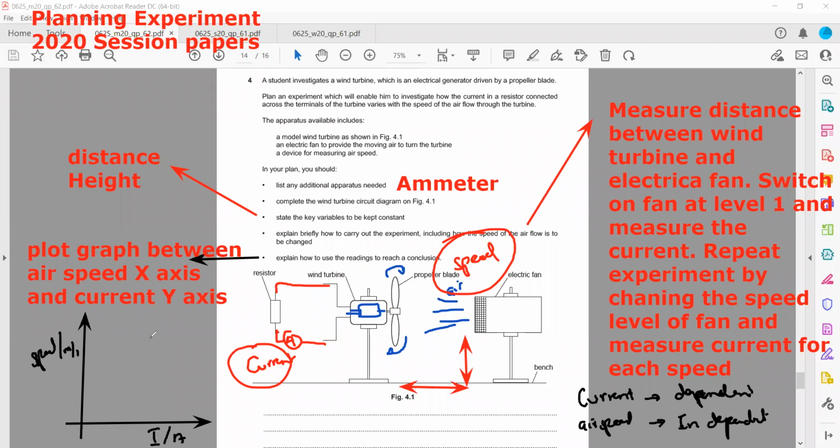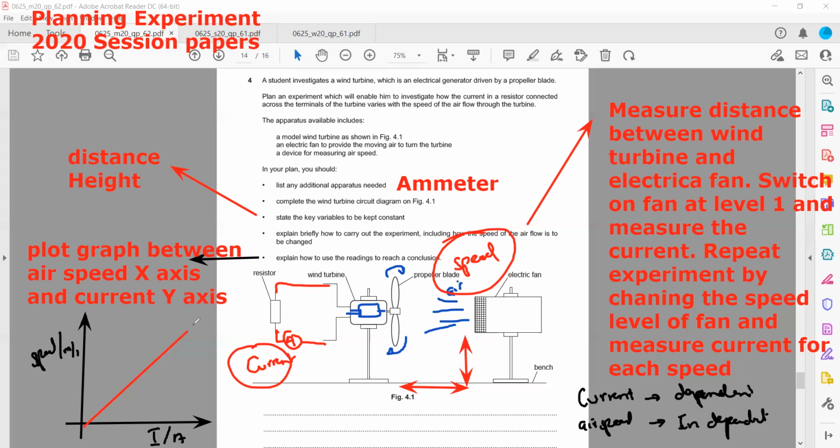But we don't have to sketch any shape here. We don't have to predict what will be the shape of the graph. We just have to plot a graph between air speed on the x-axis and current on the y-axis and see the trend. Maybe if they are directly proportional to each other, it is obvious, because if fan speed is higher, the turbine will rotate faster and produce more current. So if they are directly proportional, it will be a straight line.